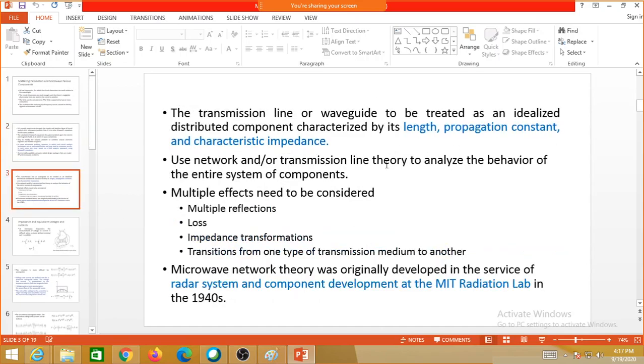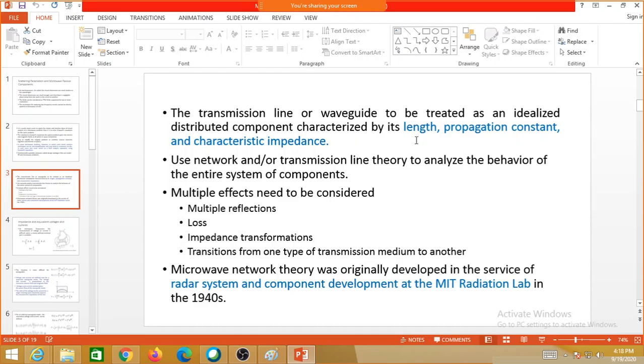Now, if you take any transmission line or even waveguide, if you have studied already in transmission line theory, the waveguide is a metallic kind of thing. It contains a single metallic box. A two conductor transmission line will have distributed elements in between. So what are the characteristics of these? First we take into consideration the length, because length matters when it comes to phase.